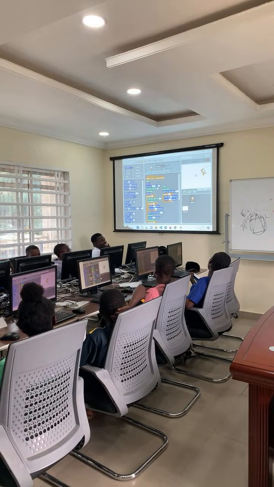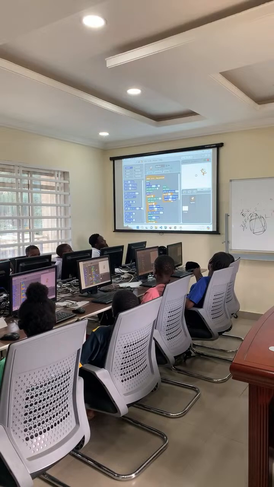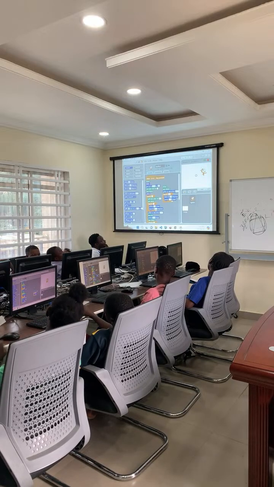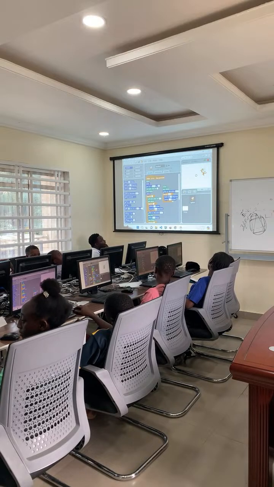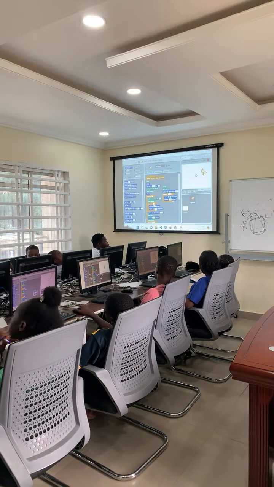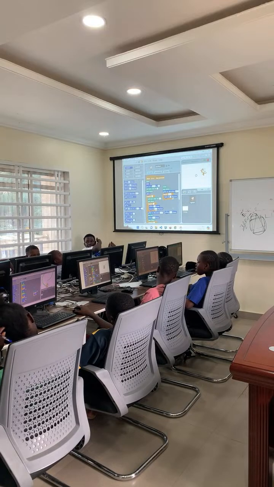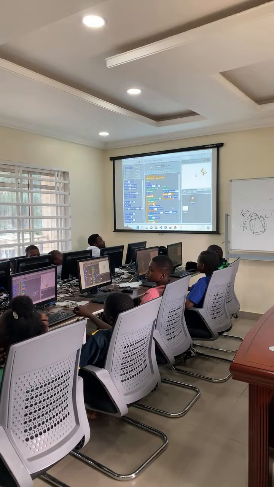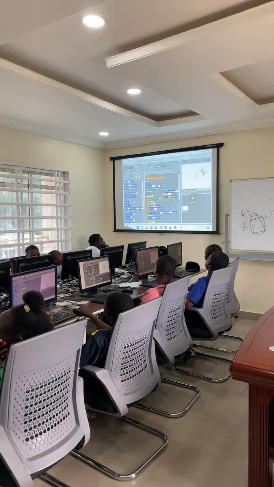Let's try repeat 360. Then turn 1 degree. And without the steps. What do you think this will do? It will stay in one place. Just tell me what you feel.